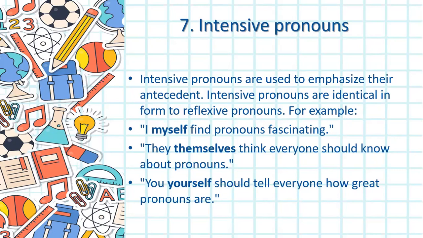For example, this person did this action. For example, I myself find pronouns fascinating, not anyone else, just myself. They themselves think everyone should know about pronouns, and you yourself should tell everyone how great pronouns are. For example, you, but not another person, you yourself should tell everyone.